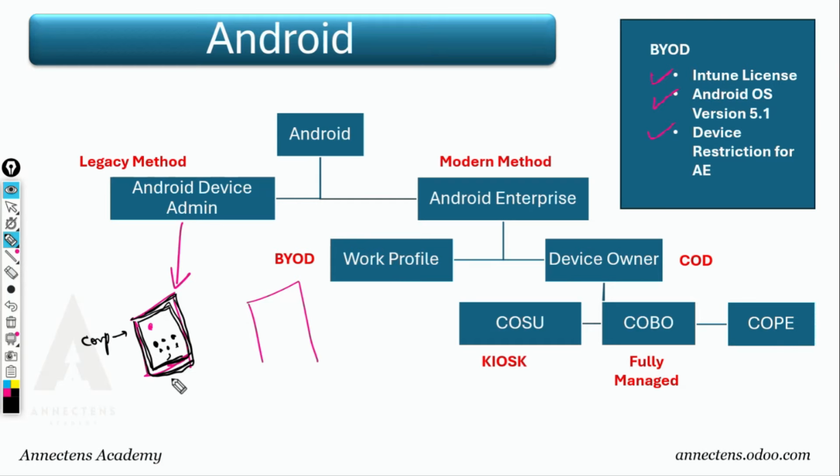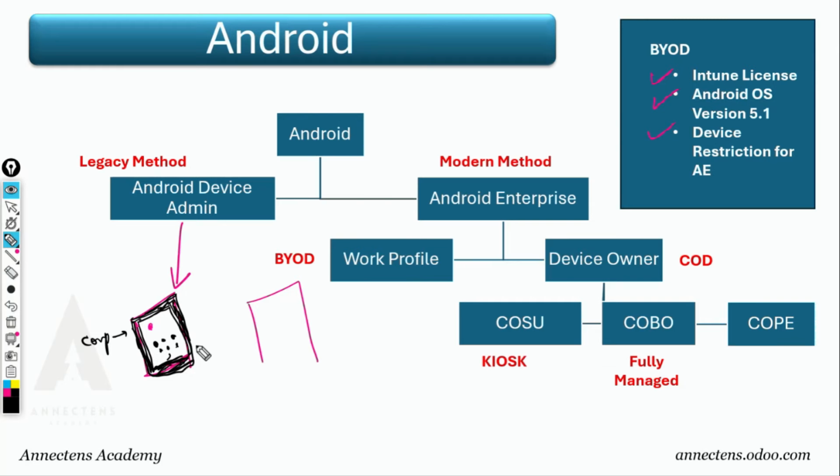So Android device admin used to manage the entire device, and that has been decommissioned by Google itself, because it was really pathetic, users were having a very hectic time, and it was very difficult for them to manage the device if they had enrolled with corporate.